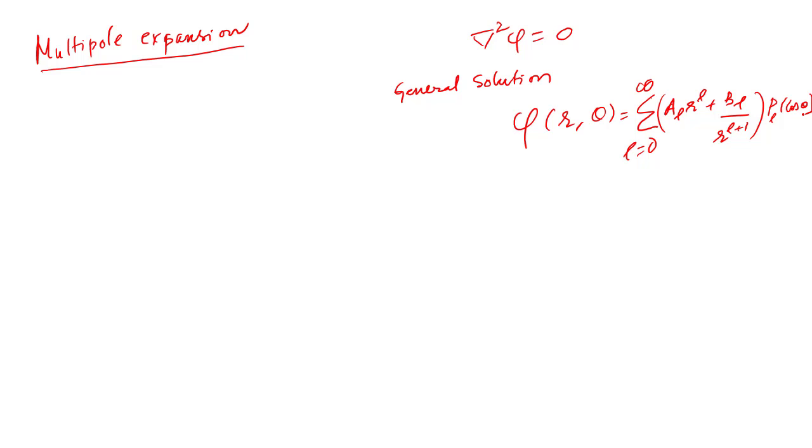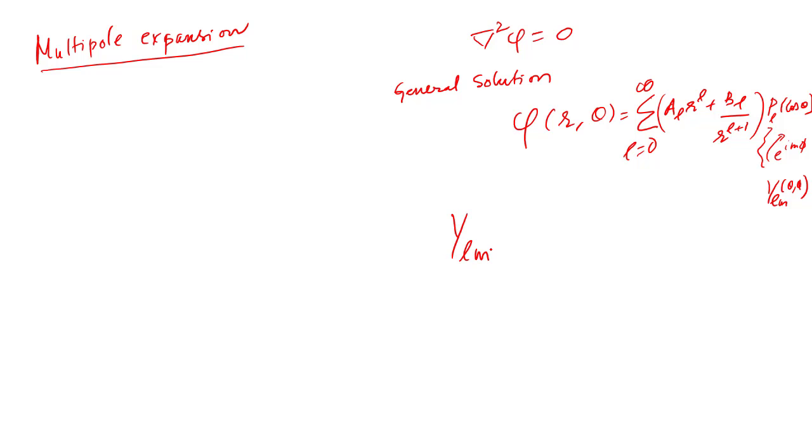If you don't have azimuthal symmetry, then you add an extra term e to the power i m phi here, and the product becomes the spherical harmonics Y_lm theta phi. All right. So in general, we can define spherical harmonics. We did this in the previous lecture.